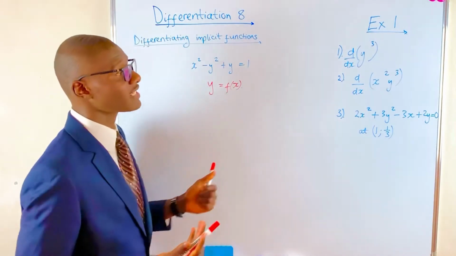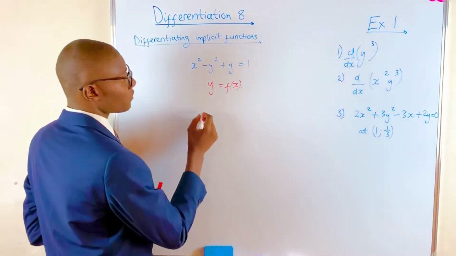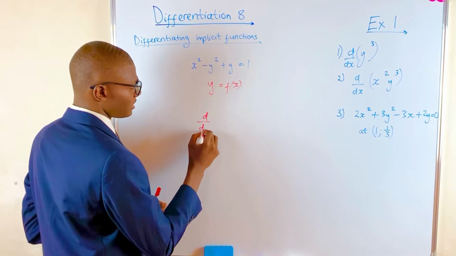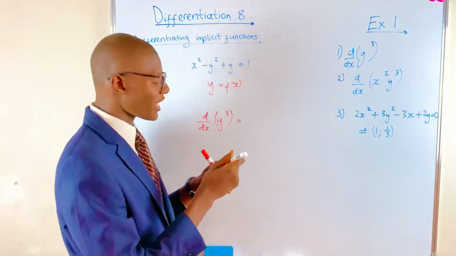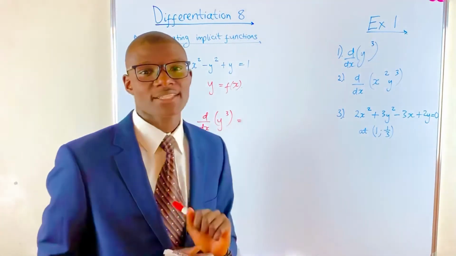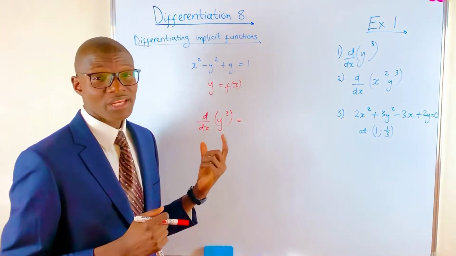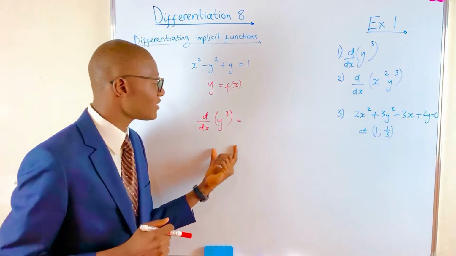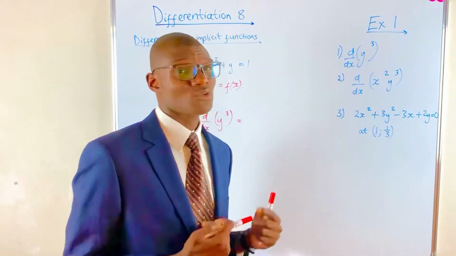We want to find the gradient function of y to the power of 3. So we are saying d by dx of y to the power of 3. So we are differentiating y, but this is with respect to x. So what we do is that we differentiate y to the power of 3 the normal way that we would differentiate x to the power of 3.